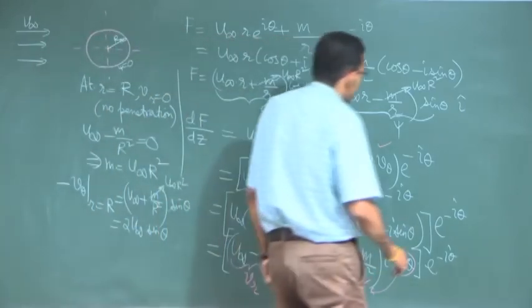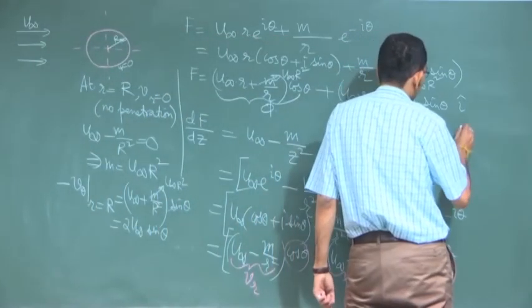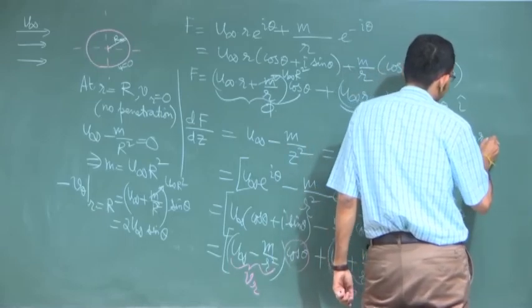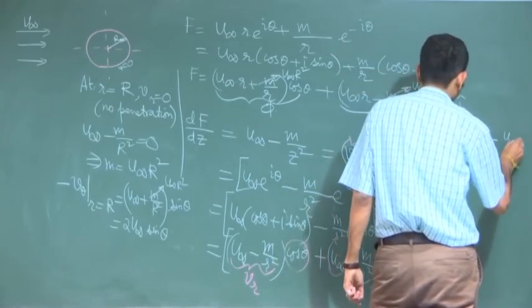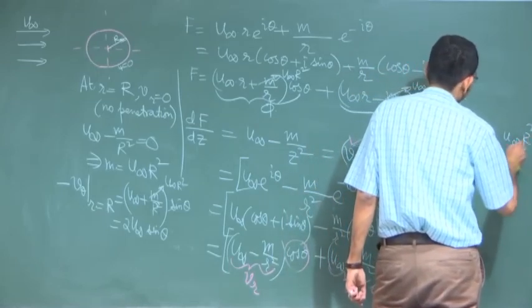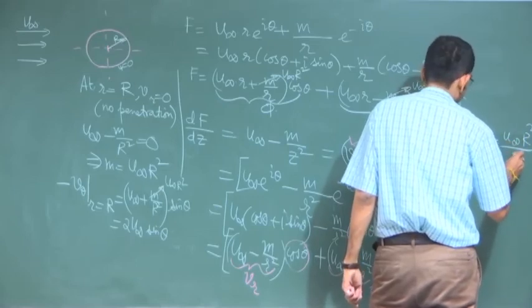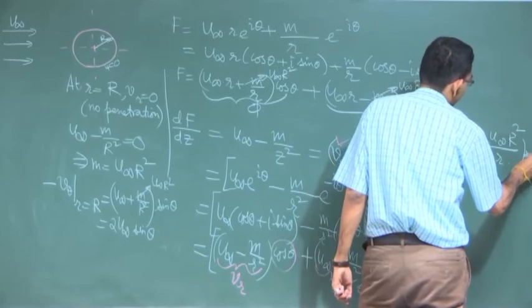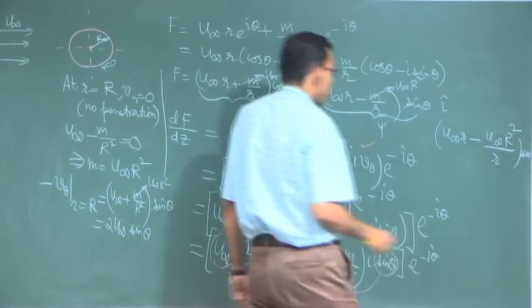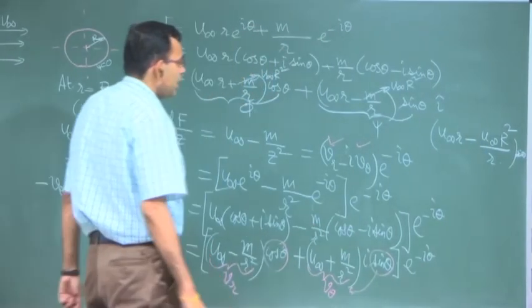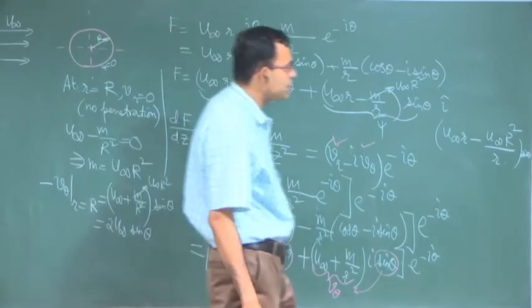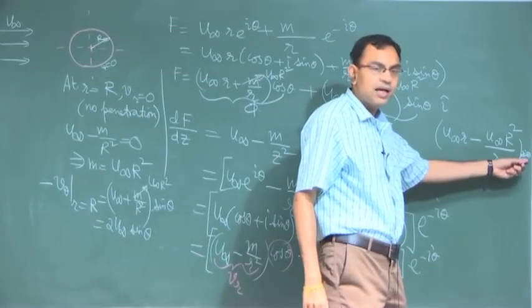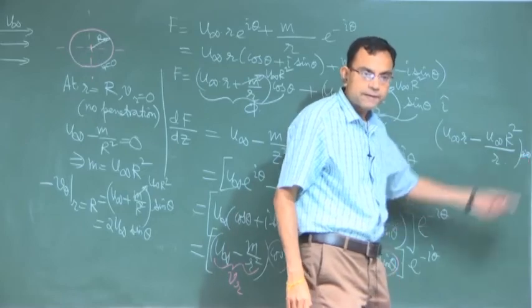So, you have u infinity r minus u infinity r square by r, this into sin theta. So, you can clearly see that psi will be 0 at theta equal to 0 and theta equal to pi.